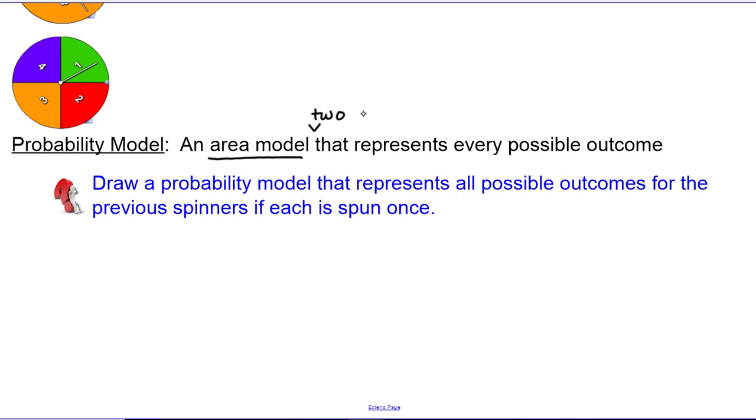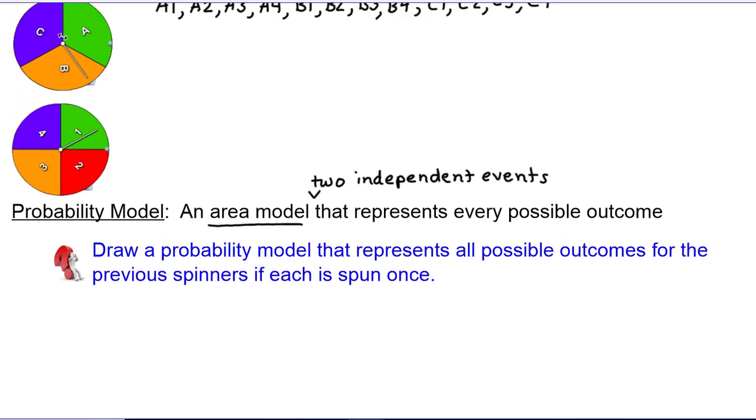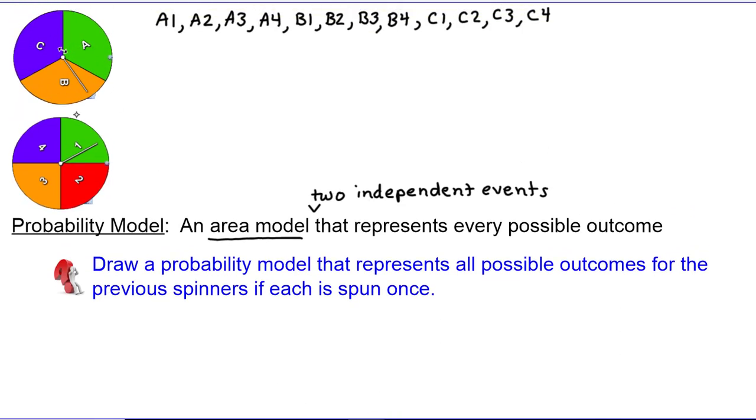Two independent events. What does that mean? These spinners that I have up here are independent of each other. What happened on the first spinner doesn't matter for the second spinner. But let's say that I have marbles in a bag and I have blue ones and red ones.